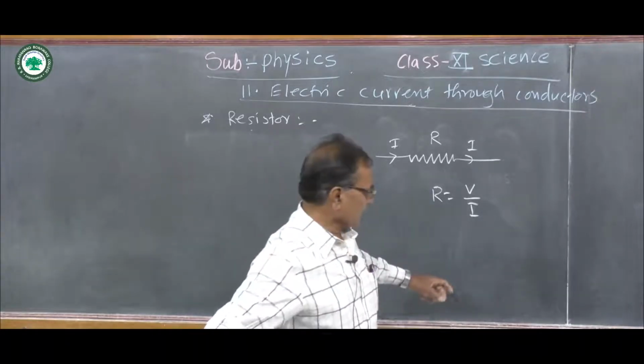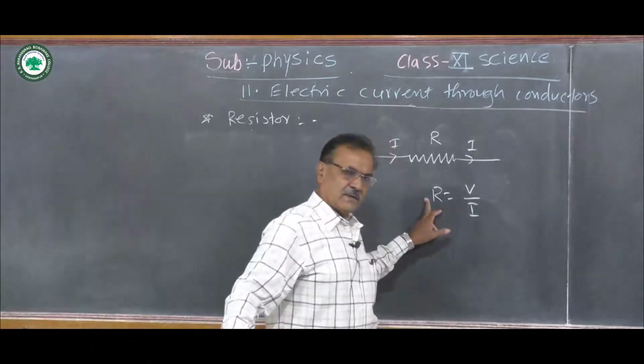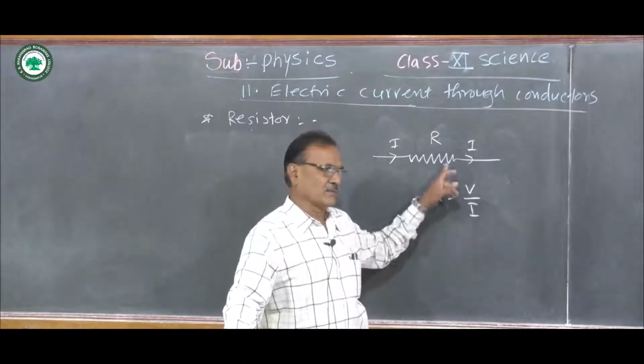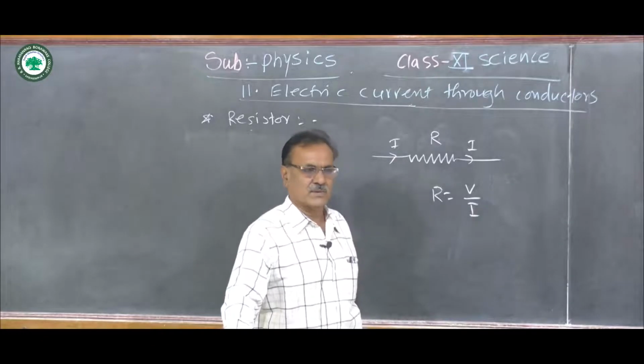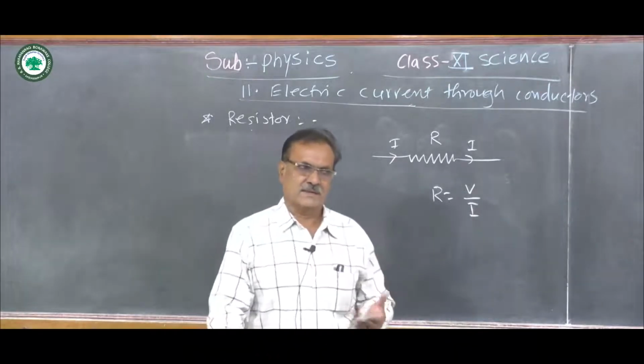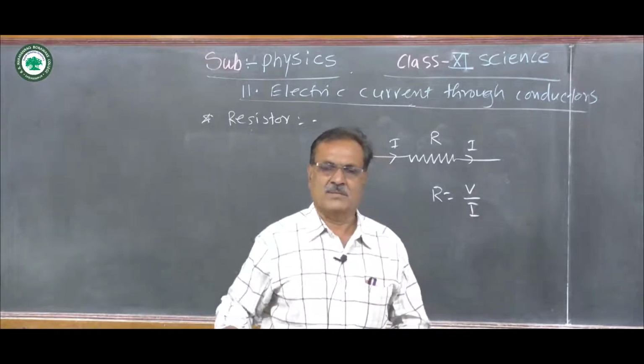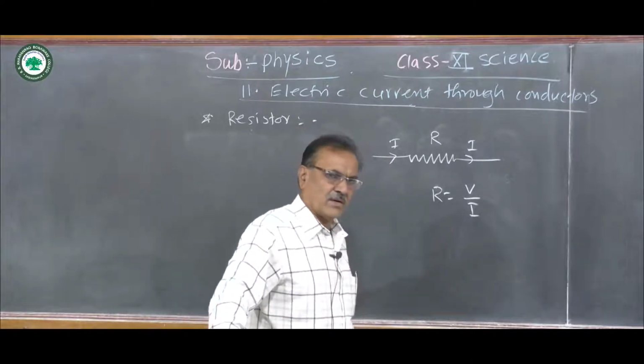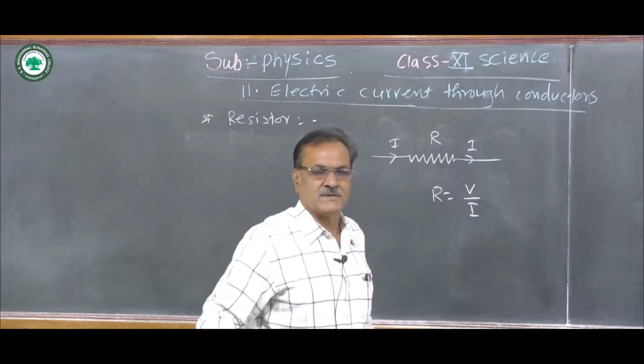The mathematical equation of Ohm's law is R equal V upon I. So, from this equation, if the value of resistance of the resistor is high, then the current flowing through it is smaller. The resistor is made in a number of values. The SI unit of resistance is ohm.